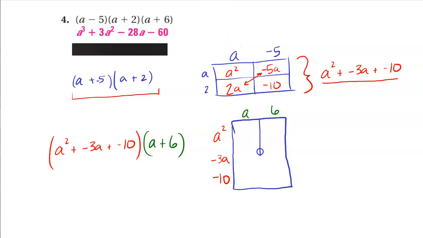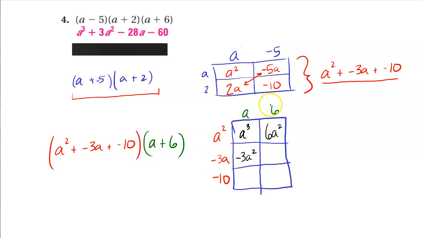So if I use the box model here, I'm going to have, again, 6 multiplications, but this kind of lays it out nicely for me. So a squared times a is a cubed. A squared times 6 is 6a squared. Negative 3a times a is negative 3a squared.